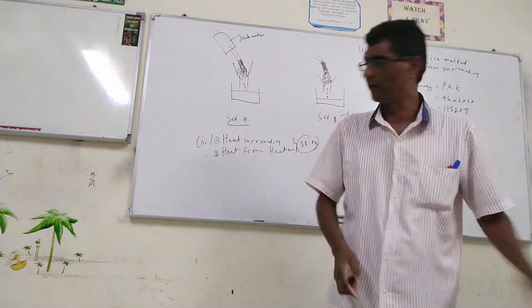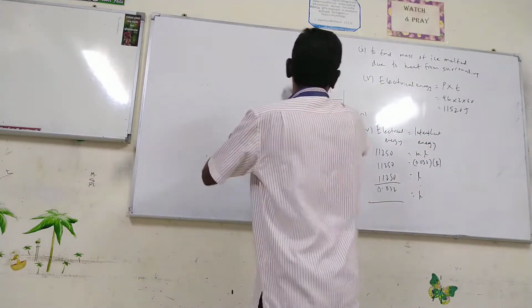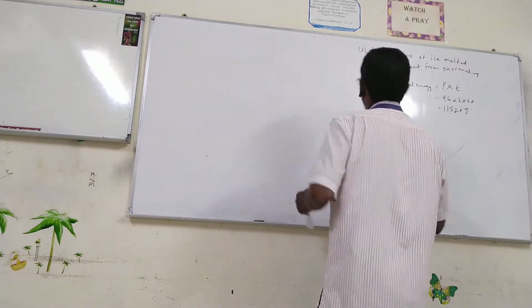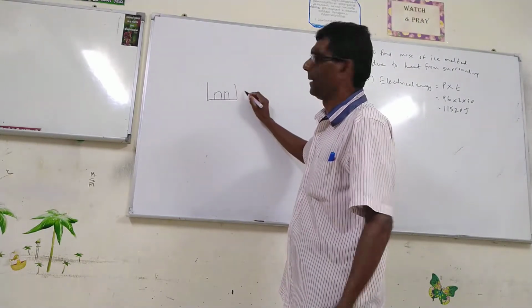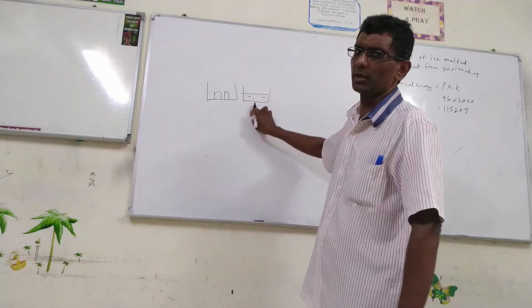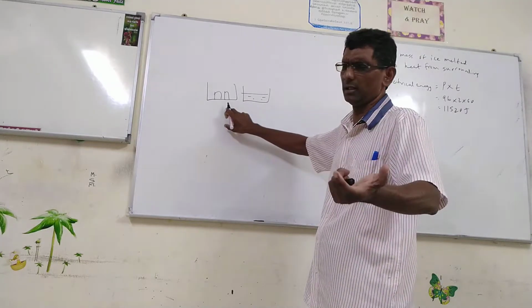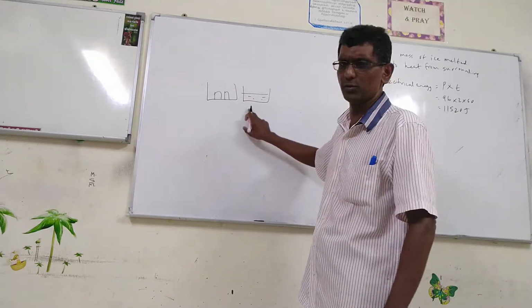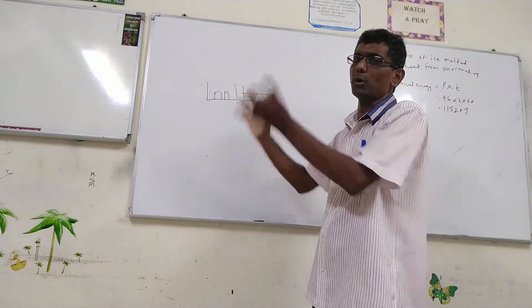Okay, what is the meaning of this? A solid melts and becomes ice water. So solid becoming liquid is what we call latent heat of fusion. But this liquid takes the shape of the container.